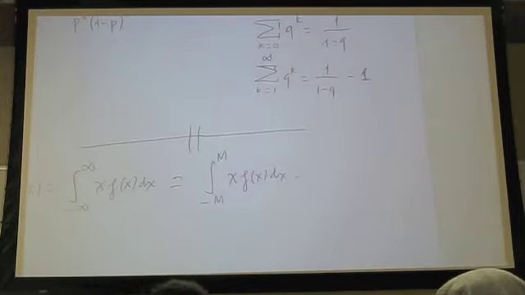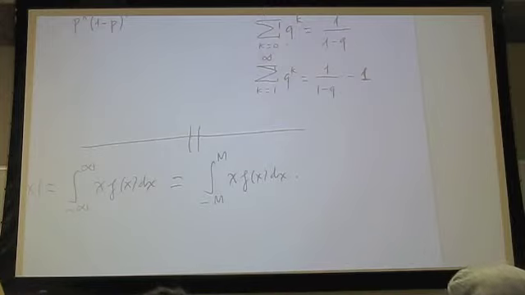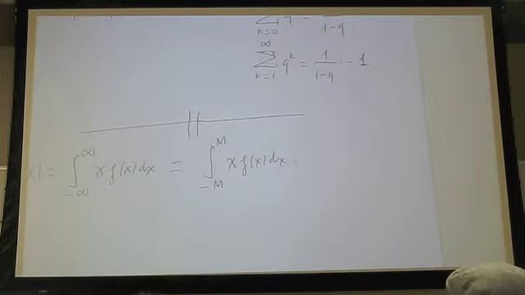Okay, so far so good? Because that's what they told me: the random variable is bounded. In other words, outside that interval the integrand is going to be 0. So I have that. Now I need to show that that one is finite.